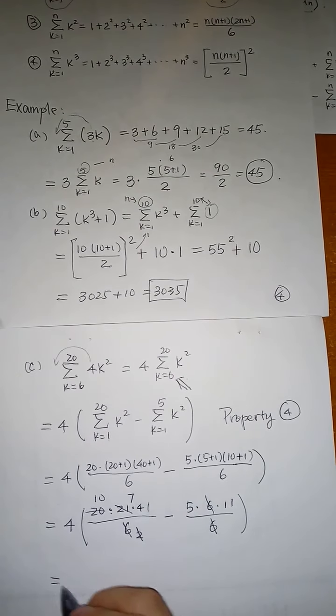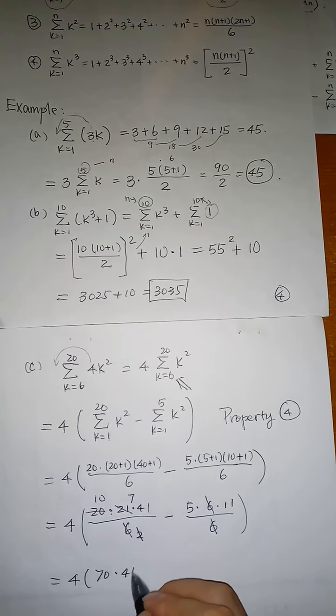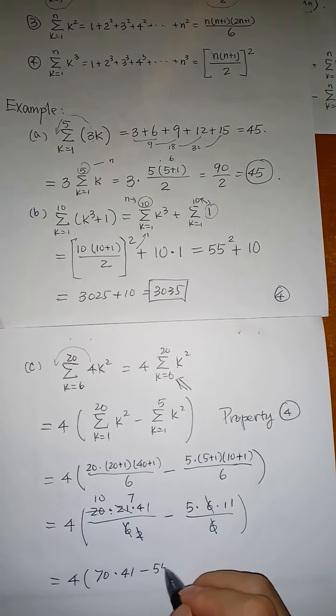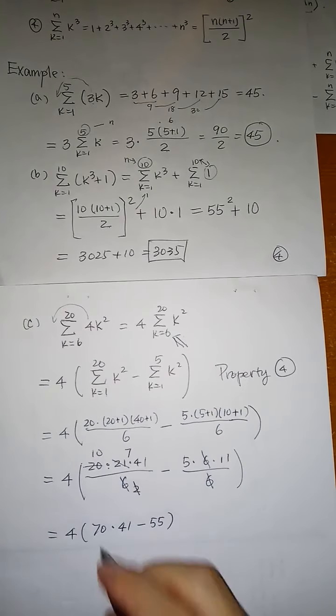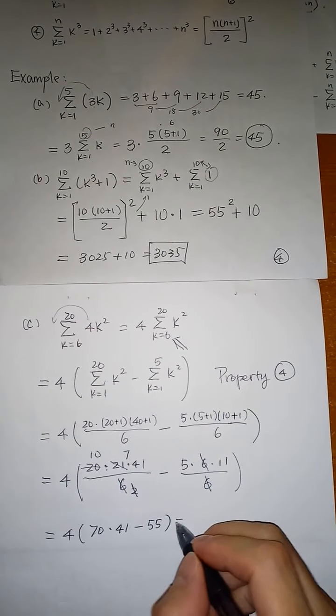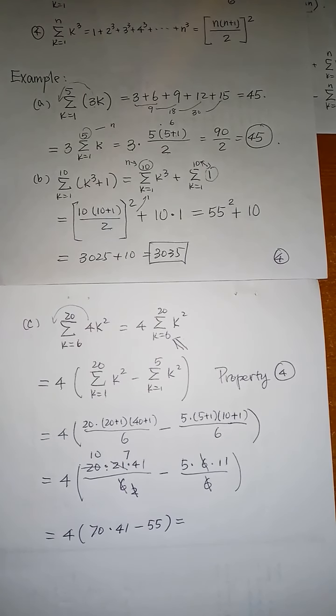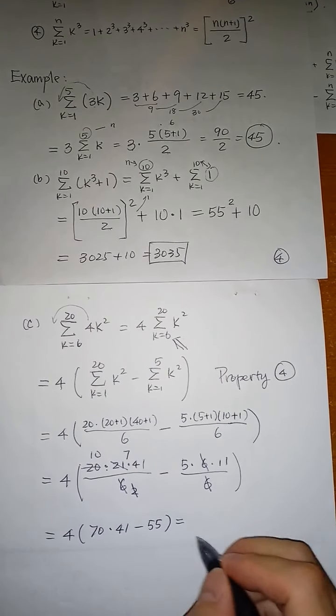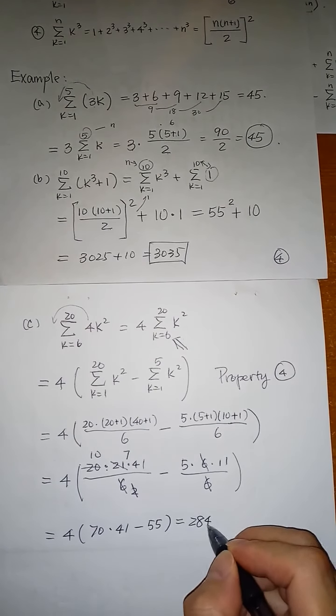After cancellation, we will have 10 times 7, 70, times 41, minus 5 times 11, 55. So you do the computation, you will get the answer equal to 2,848.